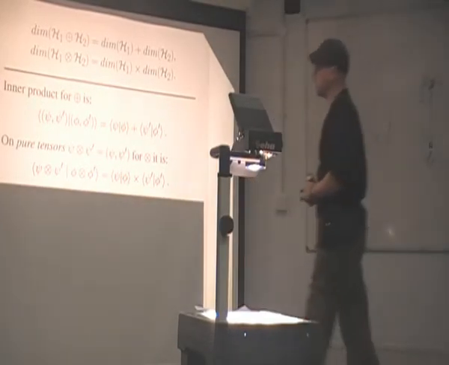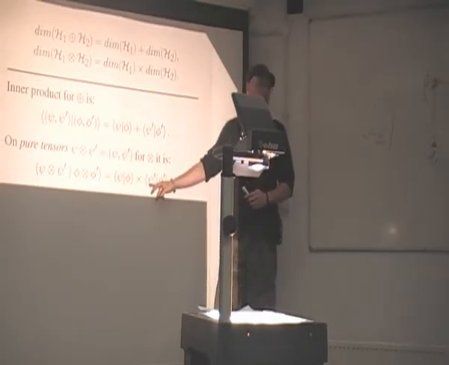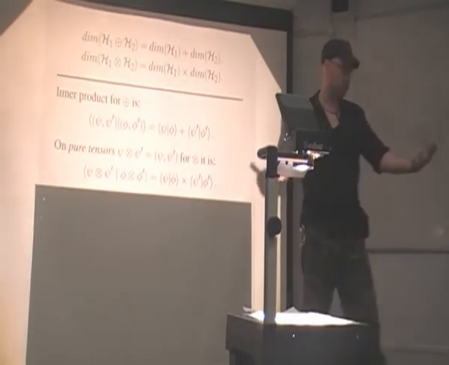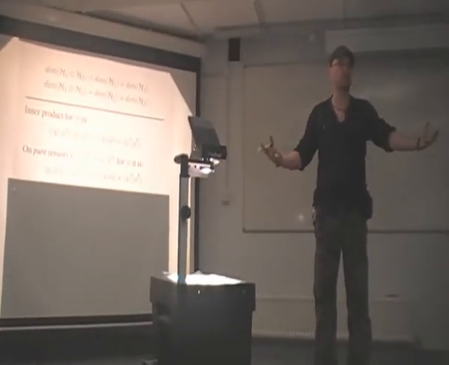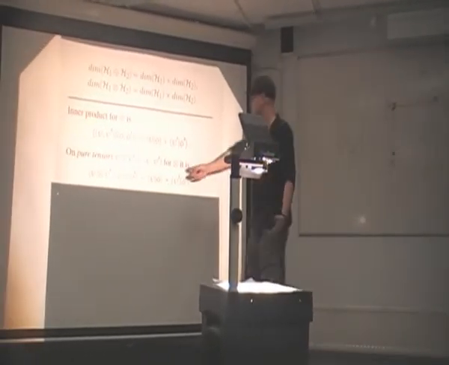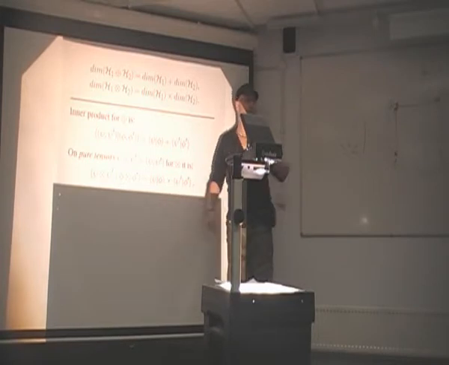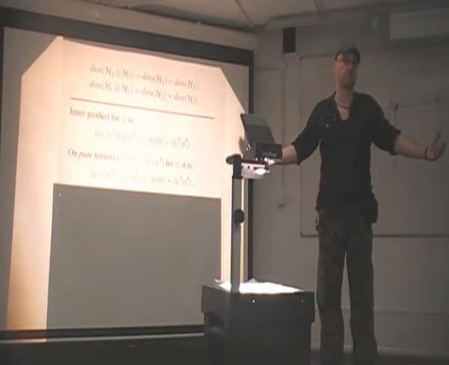For the direct sum, you just add up the inner products. For a tensor product, you multiply them. Now, if you think physically, I've got two systems, and my inner product gives my probability of this one and my probability of this one being realized. It's normal that they should multiply, because the probability of something happening here and something happening here is their product.